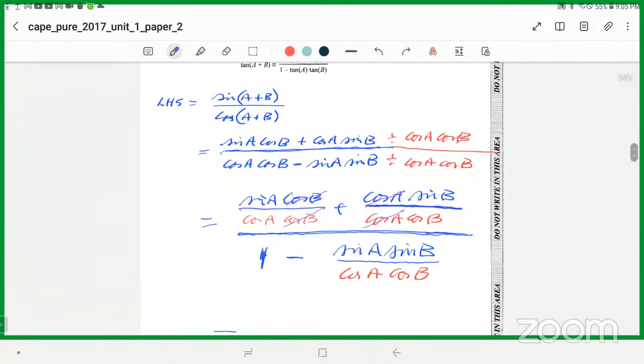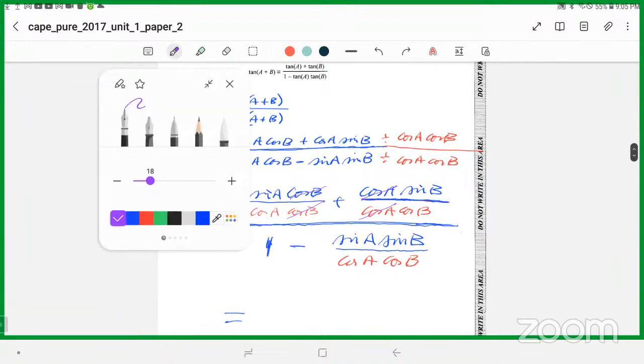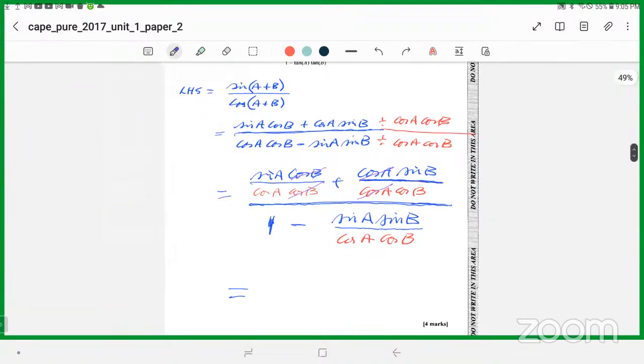So what you find happening then, let's go back to this now, is that this sine A over cos A is tan A. This plus comes back as a plus. This sine B over cos B is tan B. All over 1 minus.